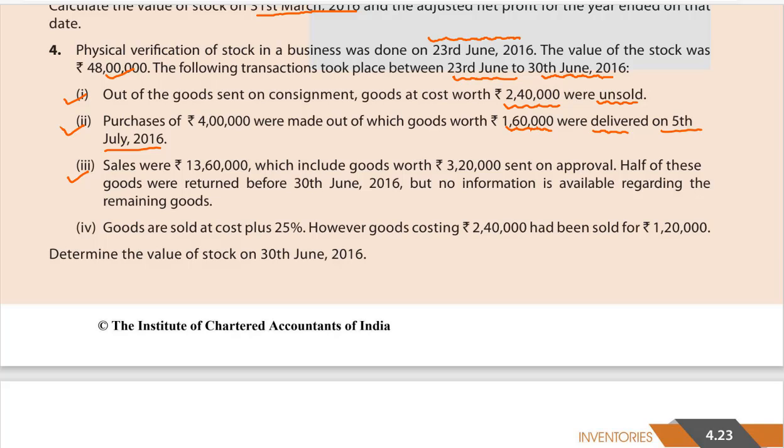Sales were rupees 13,60,000, which include goods worth 3,20,000 sent on approval basis. Half of these goods were returned before 30th June 2016, but no information is available regarding the remaining goods.